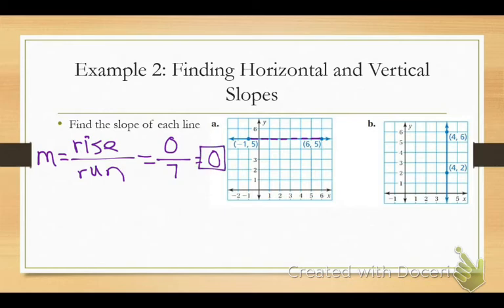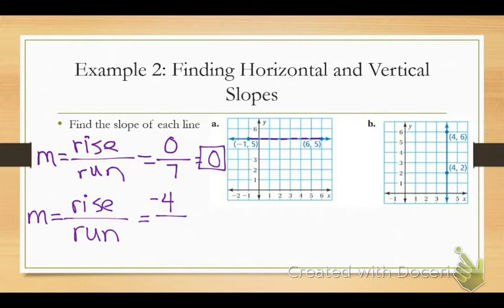Now let's look at B. Same formula again. I want you writing it: M equals rise over run. Do I have a change in my rise from my first point to my second point? Yes, I'm going down 4 units. So I'm going down 4 over.